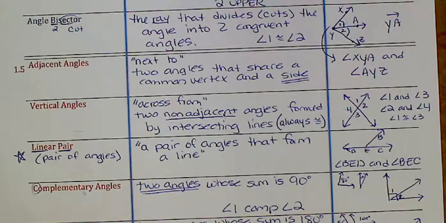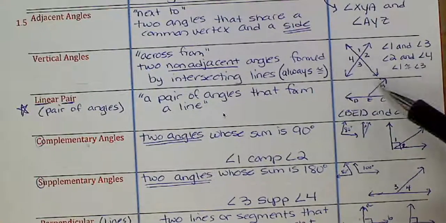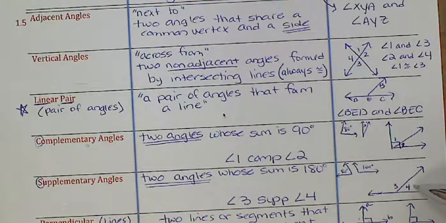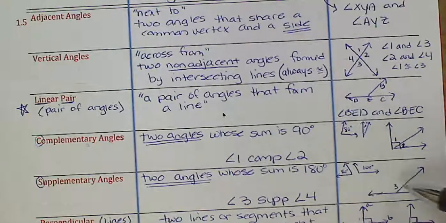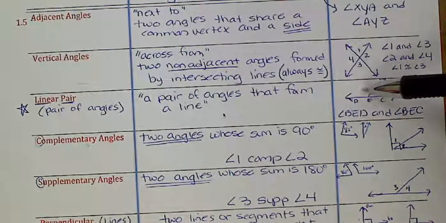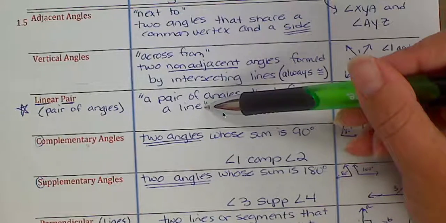You'll see the similarities between linear pair and supplementary. If they are supplementary, they could be a linear pair like this, or they could be separate from each other. But any linear pair is always going to be supplementary, because if they form a line, then they automatically form 180 degrees.